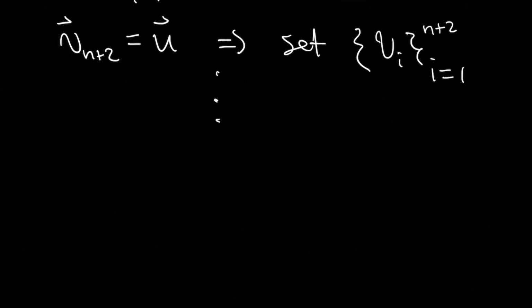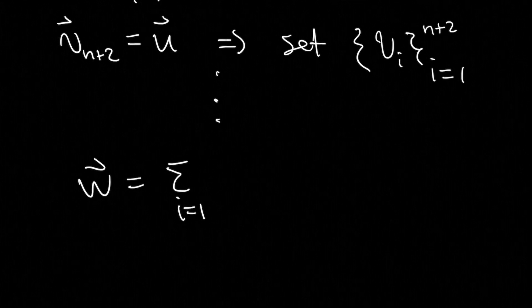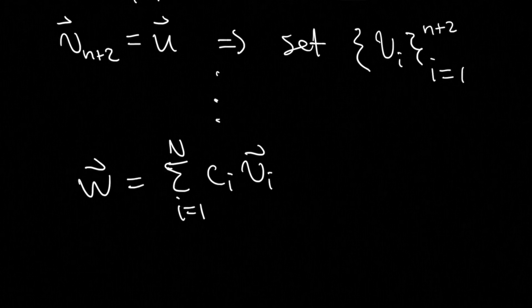And when that's the case, if we check any vector in the space, W, and let's say that we ended up finding capital N vectors after this whole procedure, we would find that any vector W can be written as a linear combination over the capital N linearly independent vectors v sub i.